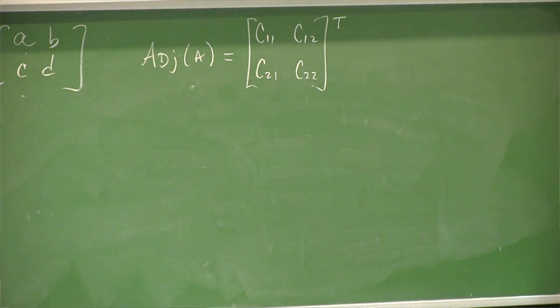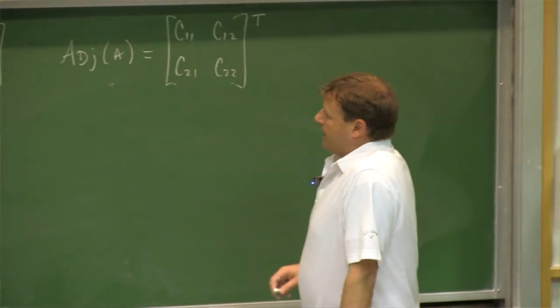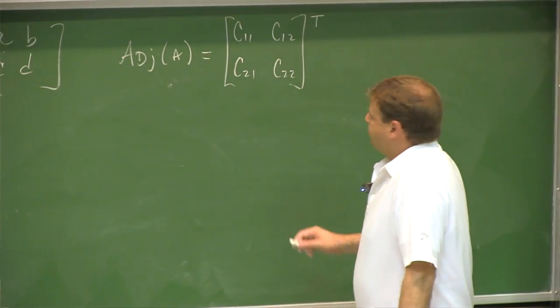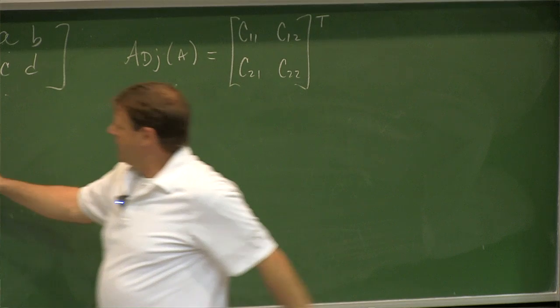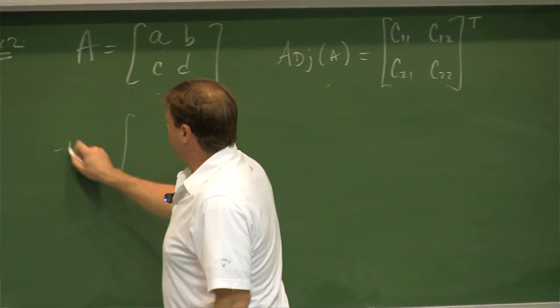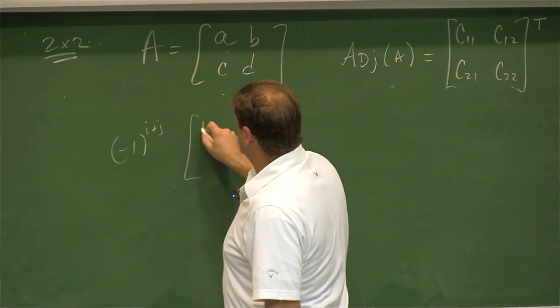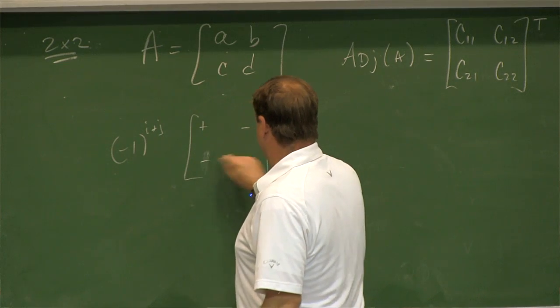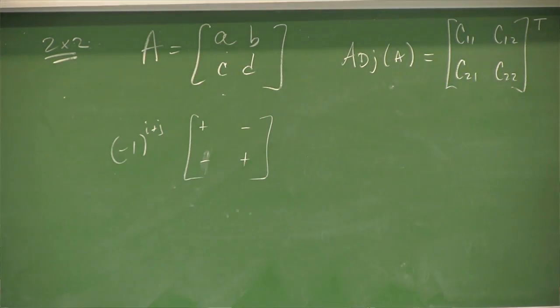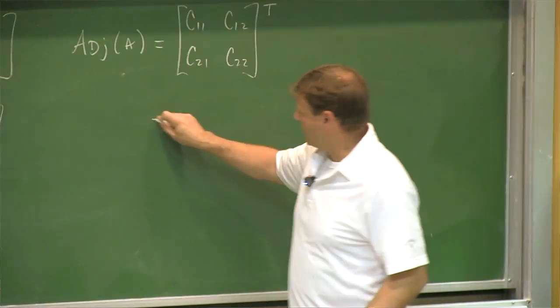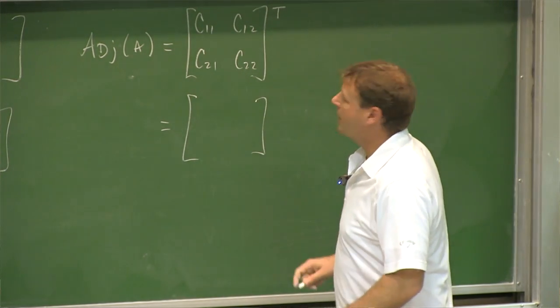That's what it says to do up there. So I've got 4 things to compute. These are not too bad. Let's remind ourselves that negative 1 to the i plus j gives us plus, minus, minus, plus. Those are the locations.